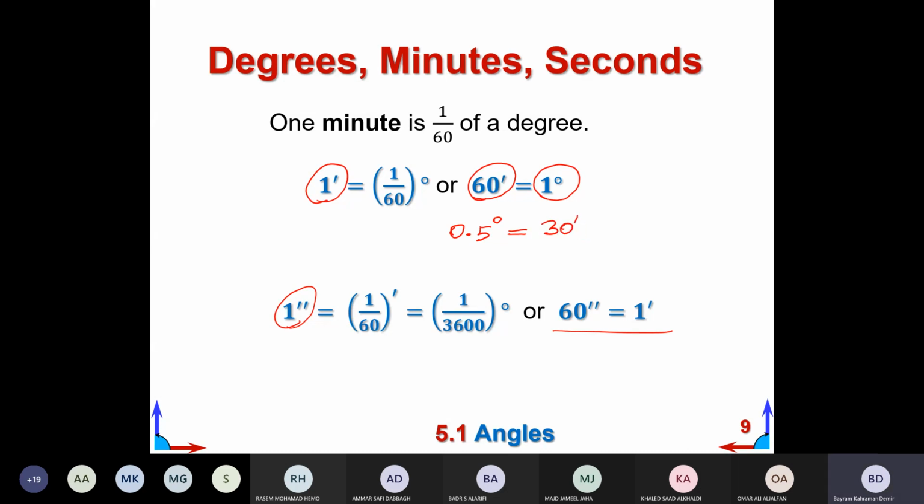Minute, right? Of course. Half a degree is 30 minutes, Shabab. How about 0.25 degree? 15 minutes. Like this.